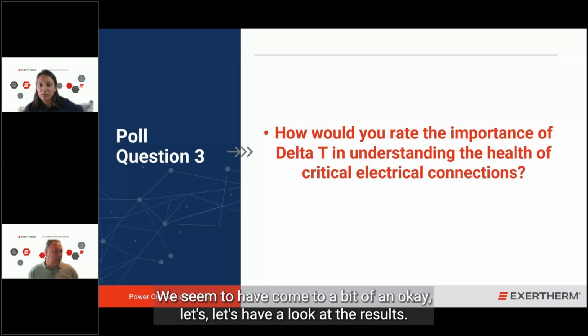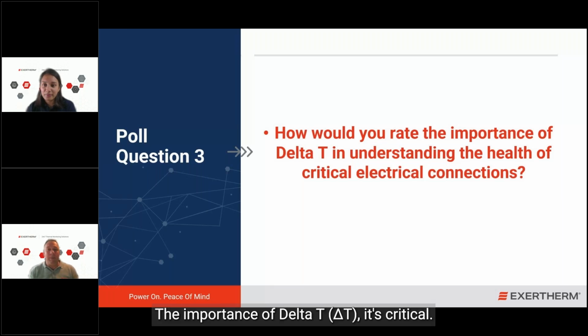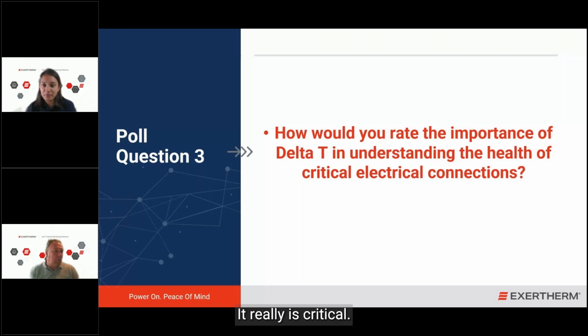Okay, let's have a quick look at the results. 57% of you are saying that the importance of delta T is critical. It really is critical. And 38% are saying it's important.